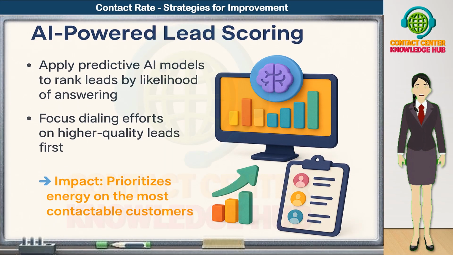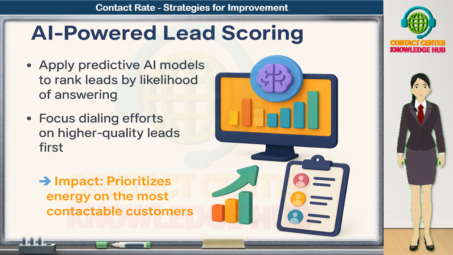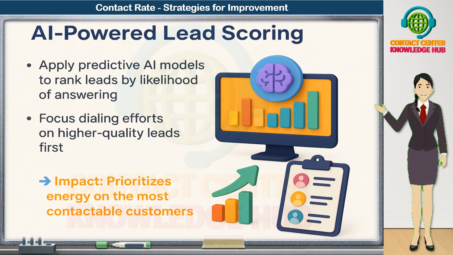Next, let's talk about a powerful modern strategy, AI-powered lead scoring. Artificial intelligence can analyze millions of data points, past call history, engagement behavior, response timing, and even sentiment trends to predict which leads are most likely to answer. Applying these predictive AI models, you can automatically rank leads based on their contactability score.